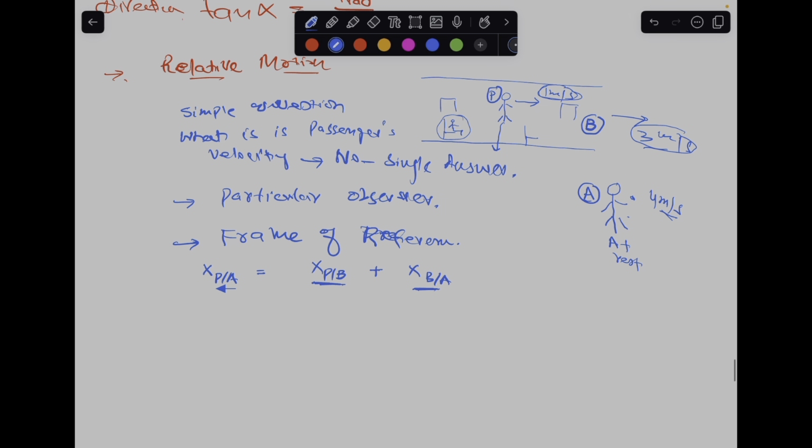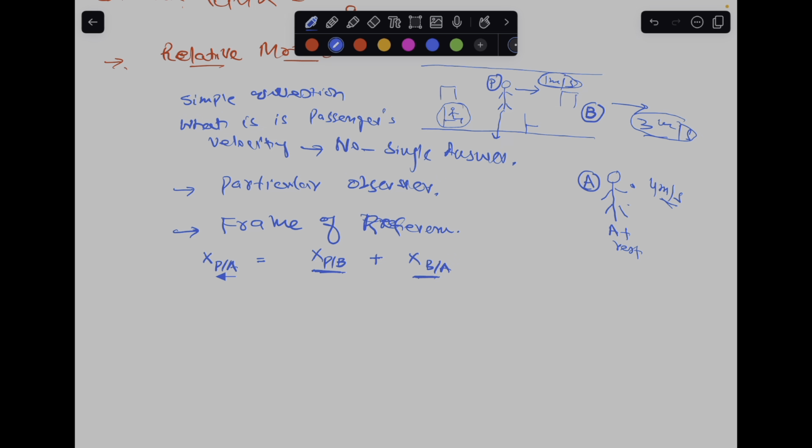Now the x velocity of P relative to frame A is denoted by VPA, which is nothing but the time derivative of this.